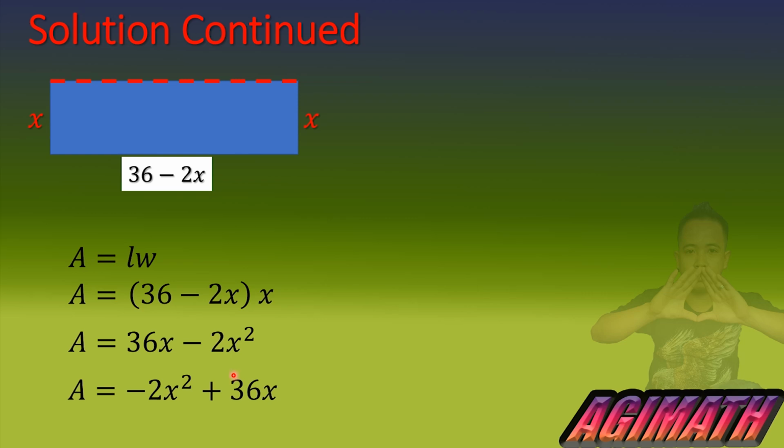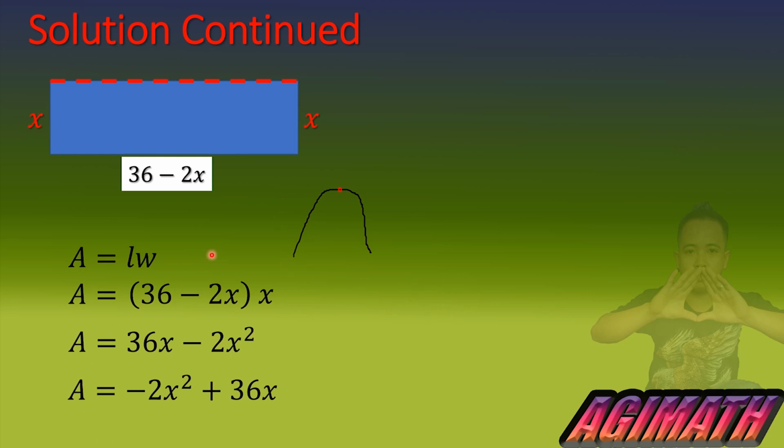Again, I will emphasize this one. In this case, the area is just dependent on the value of x. And since this is a quadratic function, again, a is negative, so meaning the parabola is still opening downward, and then the vertex is a maximum point because it's opening downward.